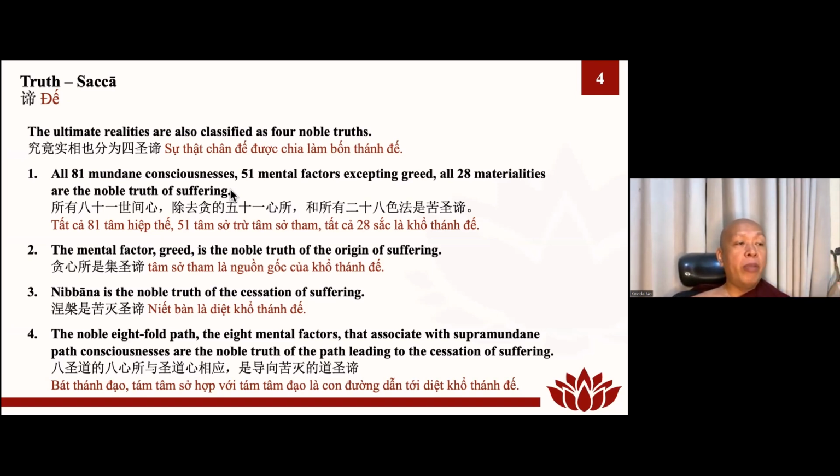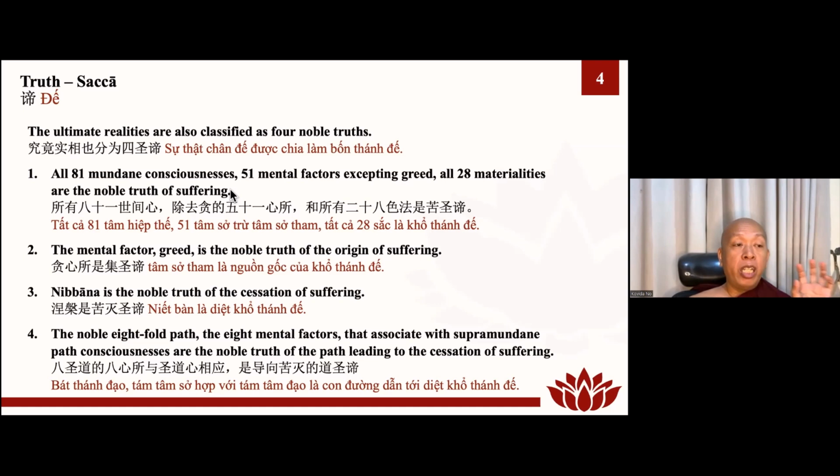Okay, now here we have all 81 mundane consciousnesses. Be careful here, only mundane consciousnesses. Also, 51 mental factors, excepting greed. The greed will be the second noble truth. Also, all 28 materialities are the noble truth of suffering.